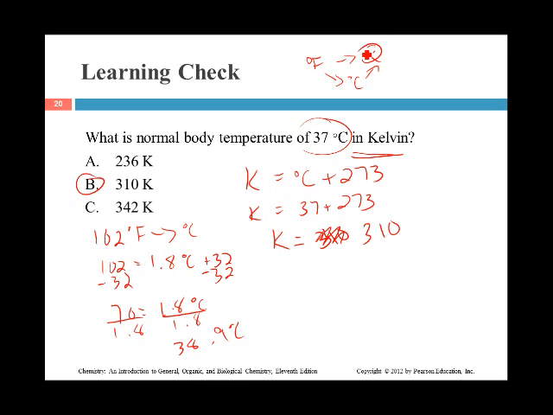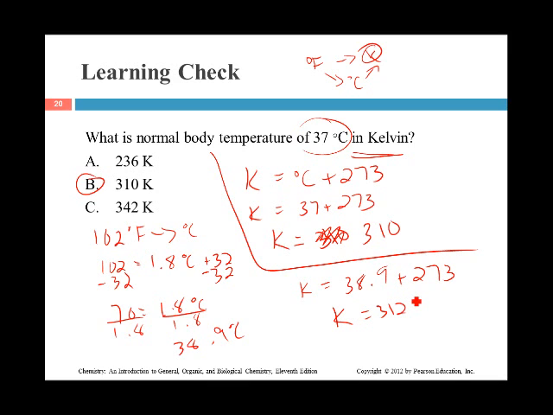But we need it in kelvins. So this is separate. Kelvins is equal to 38.9 plus 273. That comes out to be 312. I wanted at least one example in your notes going through all 3 units.